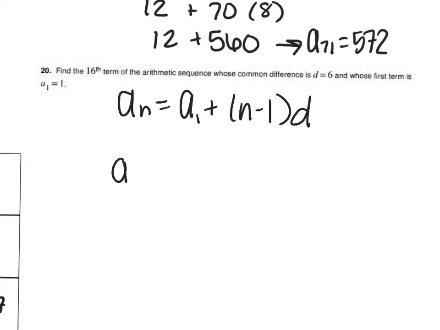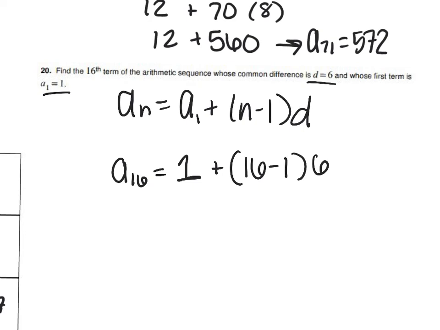So I'm looking for the 16th term, and it tells me my first term is 1. My n is 16, and my d is 6. These are all given to me. You simply need to plug it into the formula, put it in your calculator, and get your answer. You might not even need a calculator for this one.